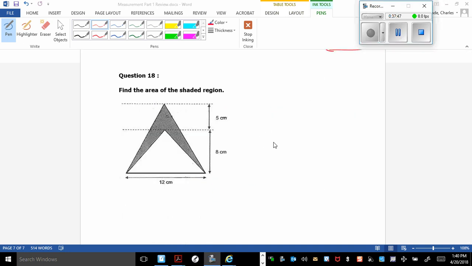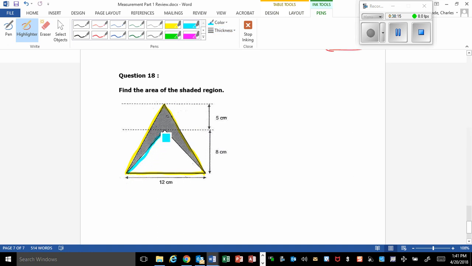All right, again, question 18. Find the area of the shaded region. All right, so I only see one different shape, but I see two of them, right? So I've got this one from there to there to there, and then I've got this one.